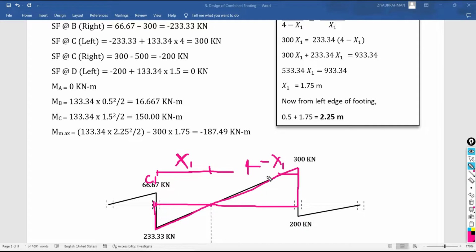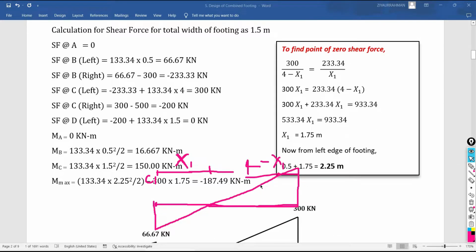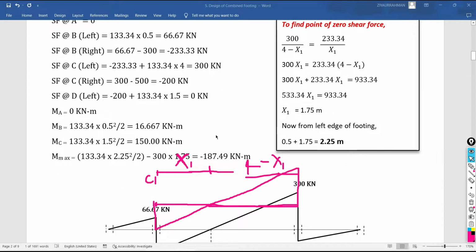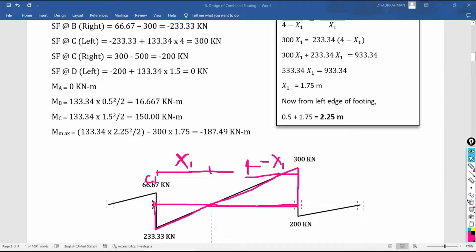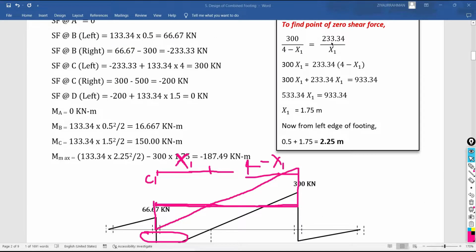Very simple. So with all of this I am going to do the calculation here. 300 divided by 4 minus x1 is equal to 233 divided by this x1.